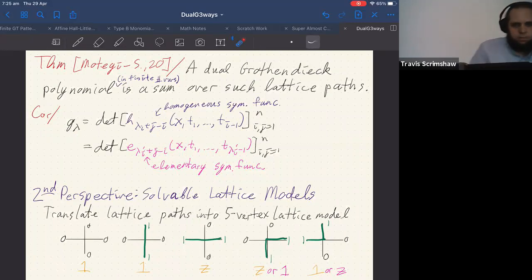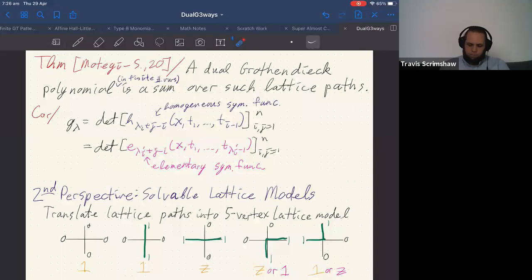But this is a solvable lattice model seminar, so I can't talk about combinatorics the entire time. What I'm going to say is that these non-intersecting lattice paths sure look an awful lot like a lattice model. And in fact, they are. This is one of the more classic lattice models, at least so I've been led to believe by people who are actual experts in this area.